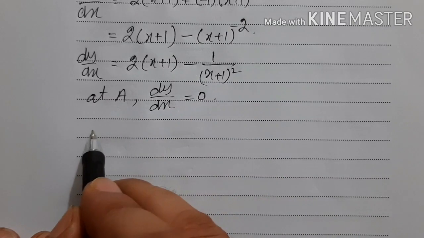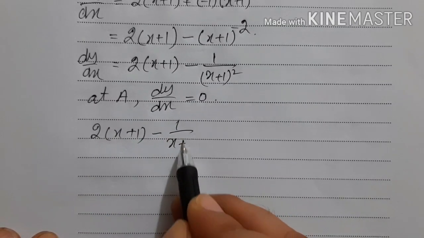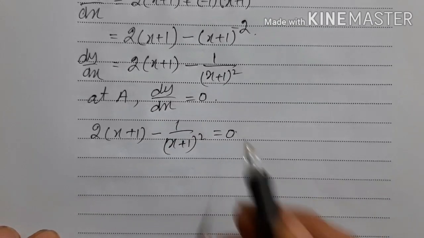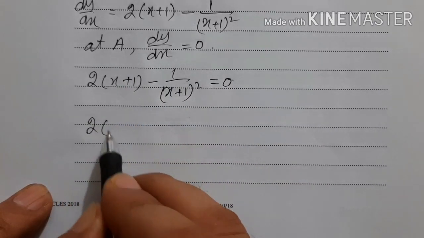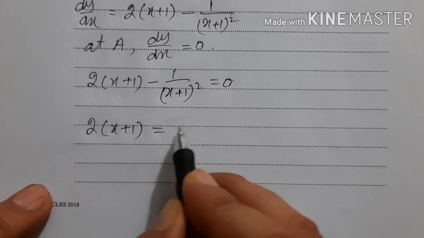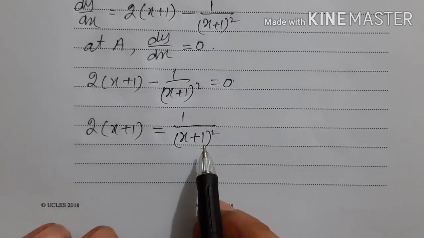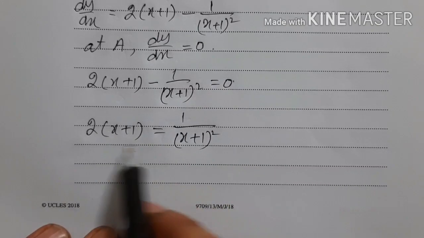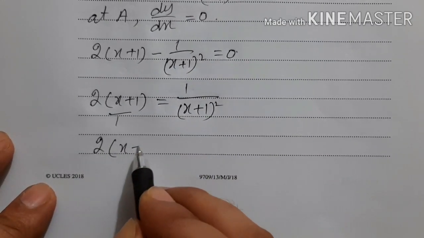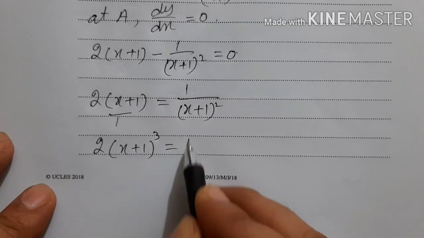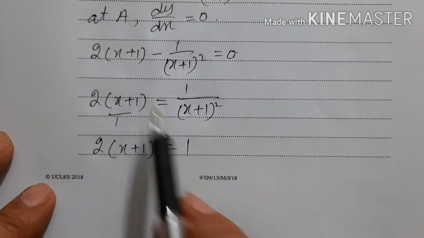So I can write it as 2 into (x plus 1) minus 1 over (x plus 1) square is equal to 0. Now take this on the other side. 2 into (x plus 1) is equal to 1 over (x plus 1) square, or take this on the left side by cross multiplying, it will become 2 into (x plus 1) cube is equal to 1, because this will become square and multiply power 1 cube.